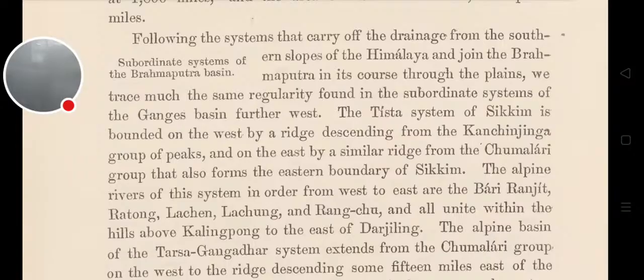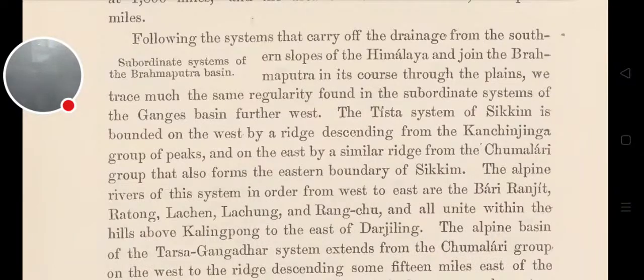Subordinate systems of the Brahmaputra basin. Following the systems that carry off the drainage from the southern slopes of the Himalaya and join the Brahmaputra in its course through the plains, we trace much the same regularity found in the subordinate systems of the Ganges basin further west.